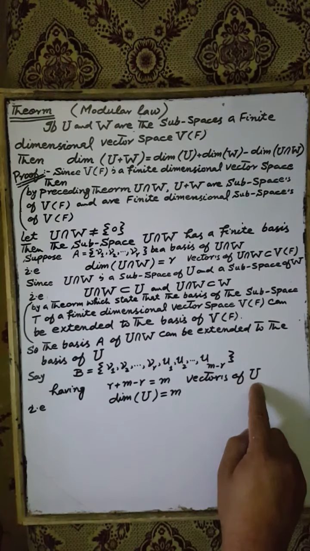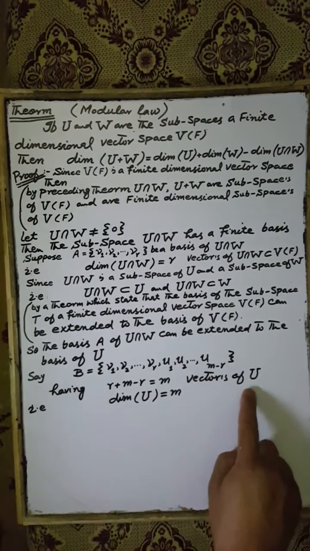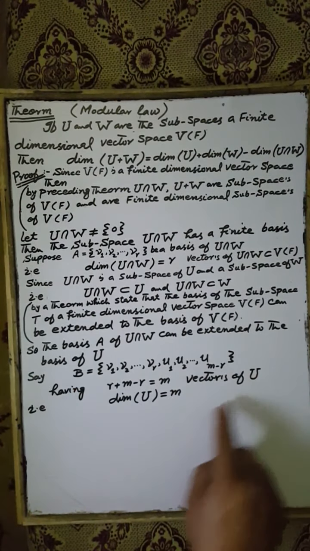That is, the dimension of the subspace U is equal to m.